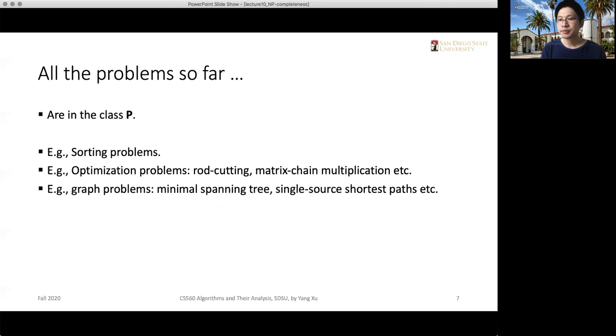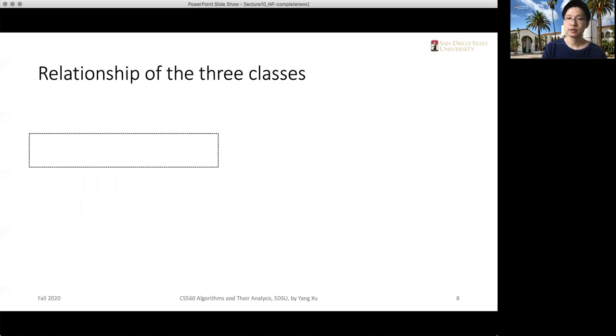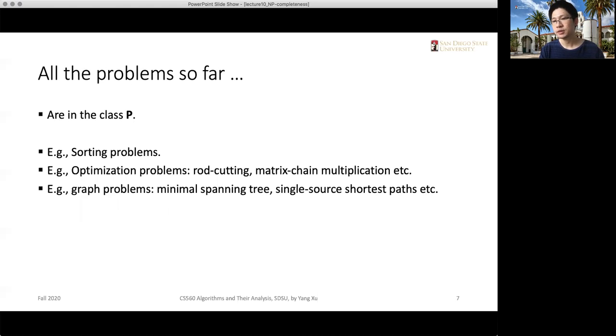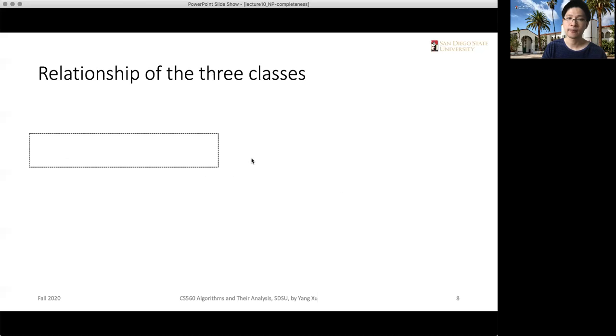Okay, so all the problems that we have introduced in this course, like sorting problems, dynamic programming problems, and graph problems, are all in class P. Even those with not really efficient algorithms, like those running in quadratic or cubic running time, belong to the class P, because we have found solutions in polynomial time for those problems.